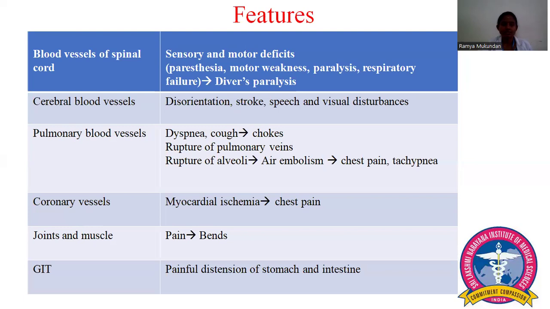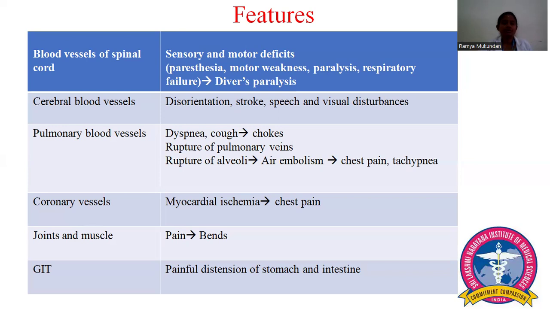When these bubbles reach the pulmonary blood vessels, it results in dyspnea and cough, leading to chokes. Whenever it reaches the alveoli, sometimes it causes a rupture of alveoli, resulting in chest pain and tachypnea also.